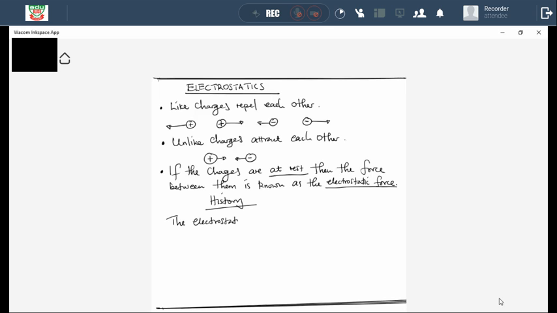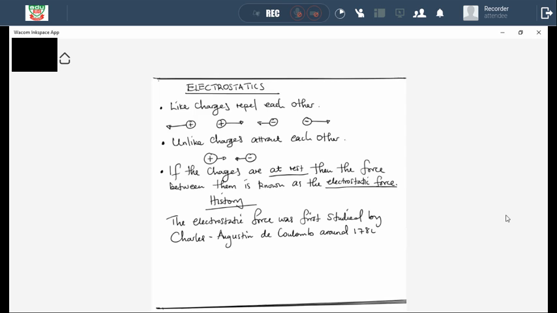The electrostatic force was first studied by Charles Augustin de Coulomb. It's very important that we honor this guy because of the work that he did in the field of physics. You'll appreciate that Coulomb's law is named after him, de Coulomb, around 1784.